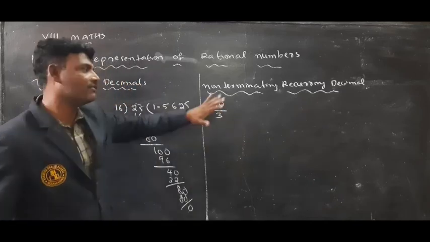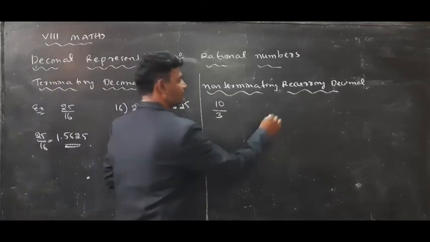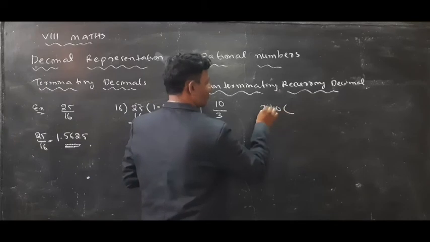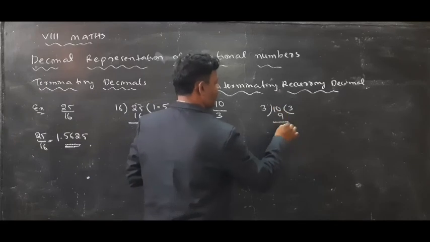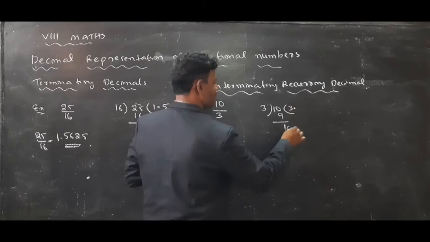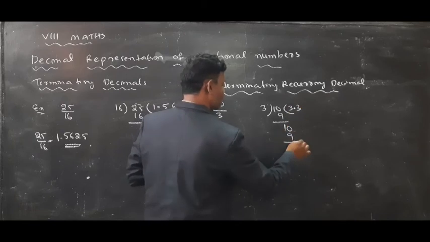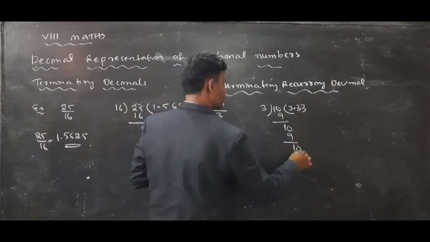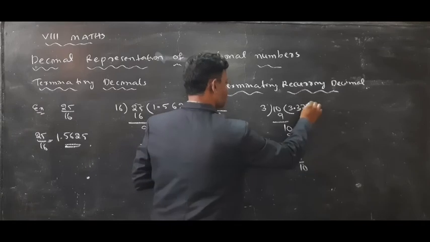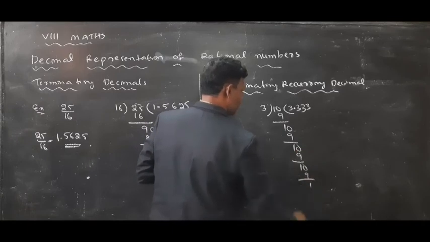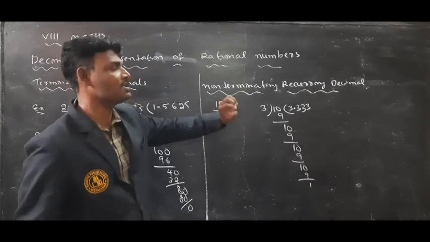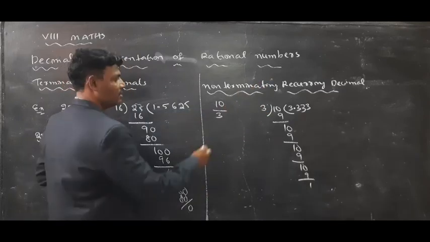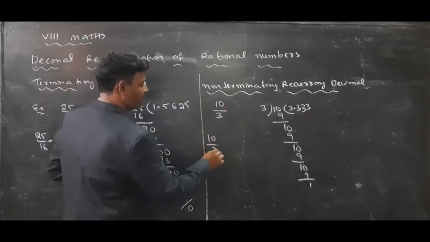Here you have to divide 10 with 3. 3 3s are 9, 1. So take decimal 0. 3 3s are 9, 1, 0. 3 3s are 9. So here the remainder is not 0. It is non-terminating. So 10 by 3 we can write.